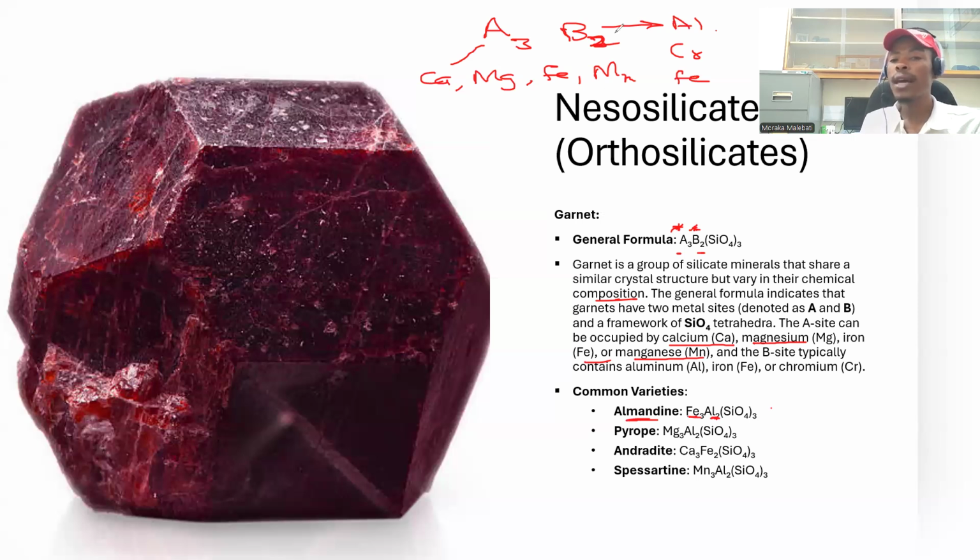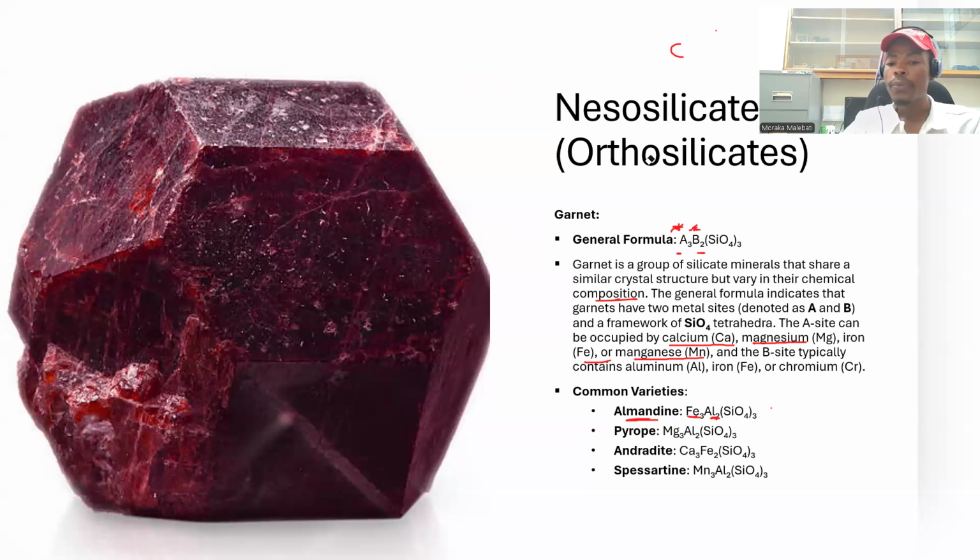So you see that the garnet has two sites, and depending on what occupies which site, you can form different varieties of the garnet, like pyrope, spessartine, and other varieties. This is what you call the garnet.